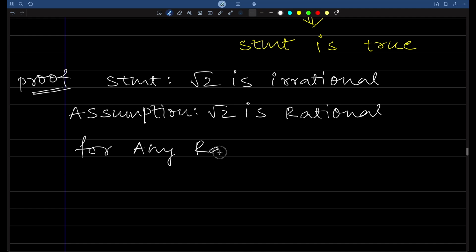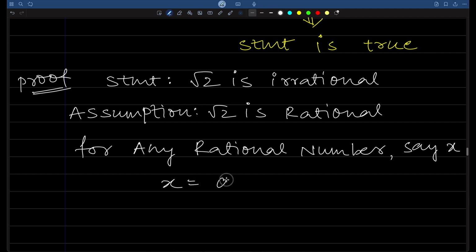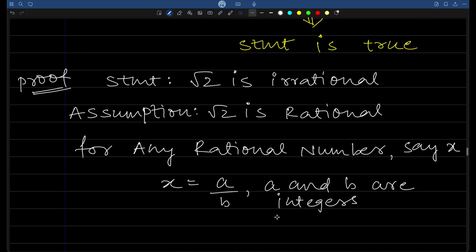For any rational number, say x, we can represent x as a divided by b, where a and b are integers and b not equal to 0.